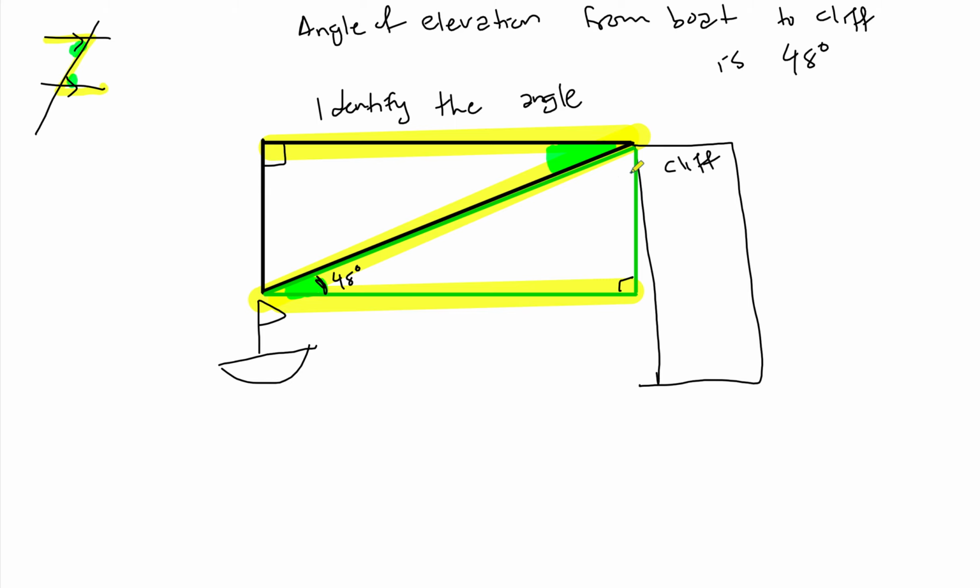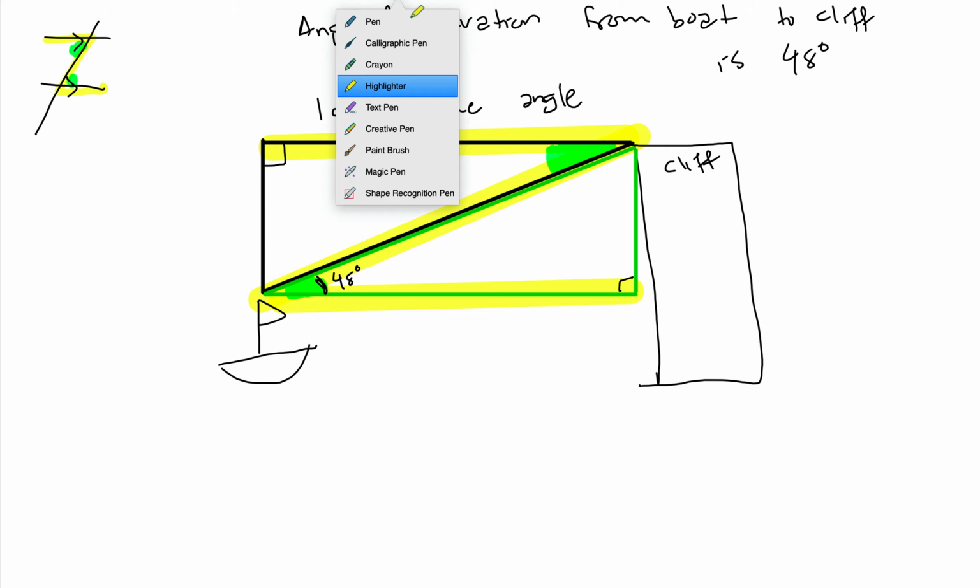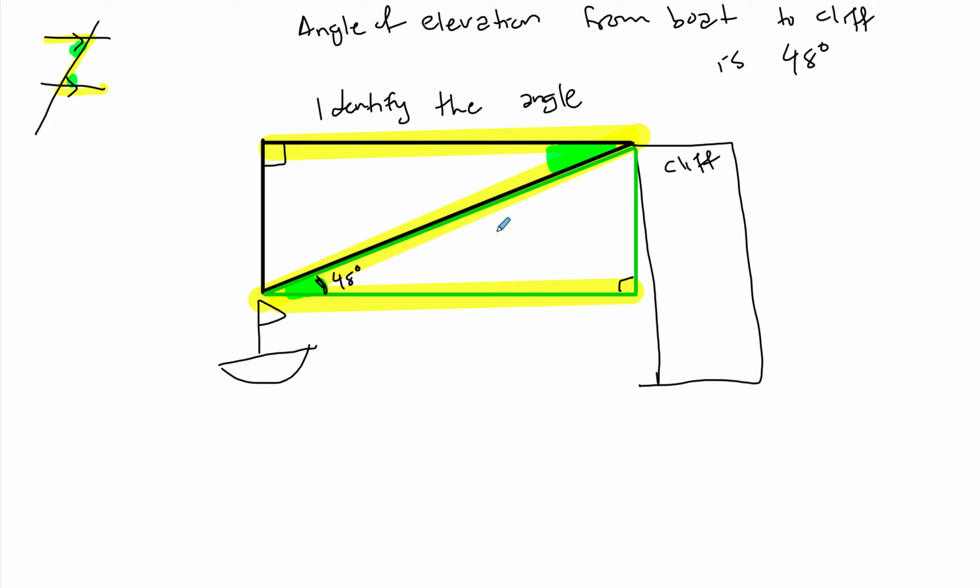So another way, if you don't want to do this additional construction and you want to use the triangle that they've given to you already, then you can just immediately say, well, this is the angle of elevation, but only use this technique if you're comfortable with it. And once you've actually found the original angle of elevation, you can do the alternate construction to find the other angle of elevation. So this is just additional to know the different forms.